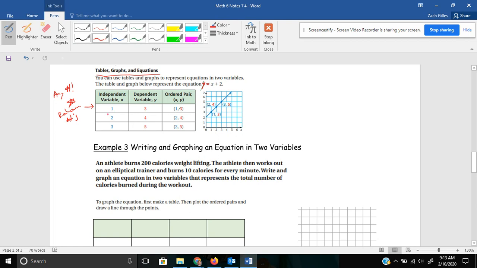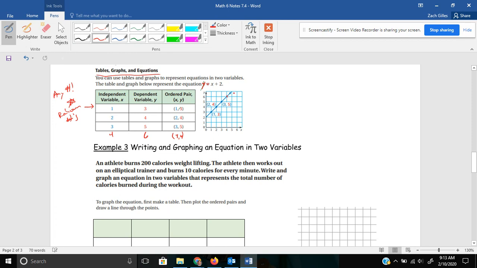Their second point came from selecting 2 as an independent variable. Again, guys, you could choose any. If you wanted to choose 4, you could, and stick 4 into your equation. Well, that's x, so 4 plus 2 would be 6. So y would equal 6, and your next ordered pair would be 4, 6. And you'd see it would line up on this line here that they have.